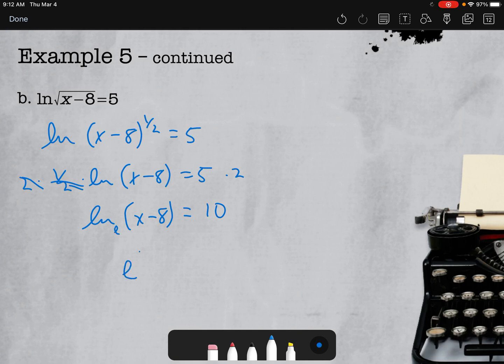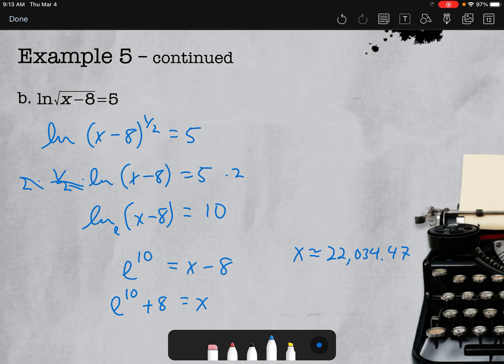Now, what's the base of natural log? An e. So it's e to the 10th equals x minus 8. So x would equal e to the 10th plus 8. There's your exact answer. And my approximate would be 22,034.47.